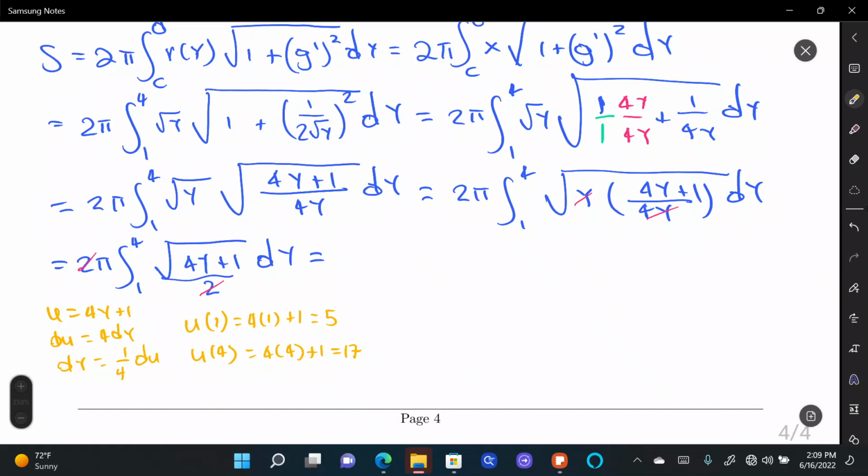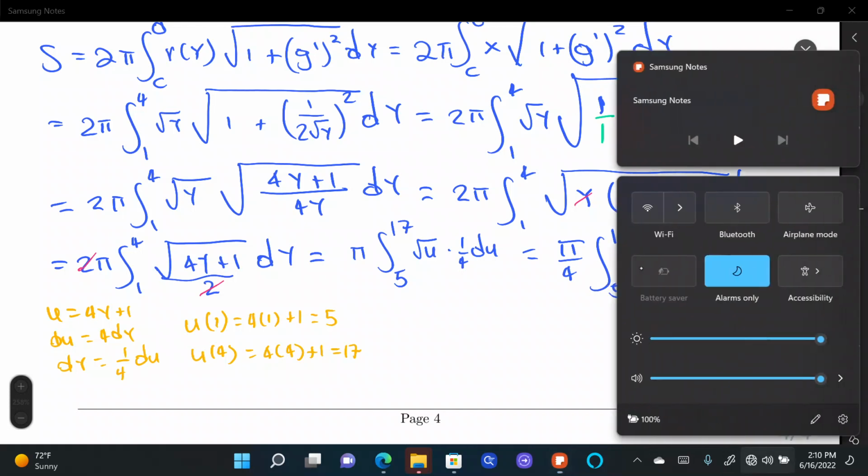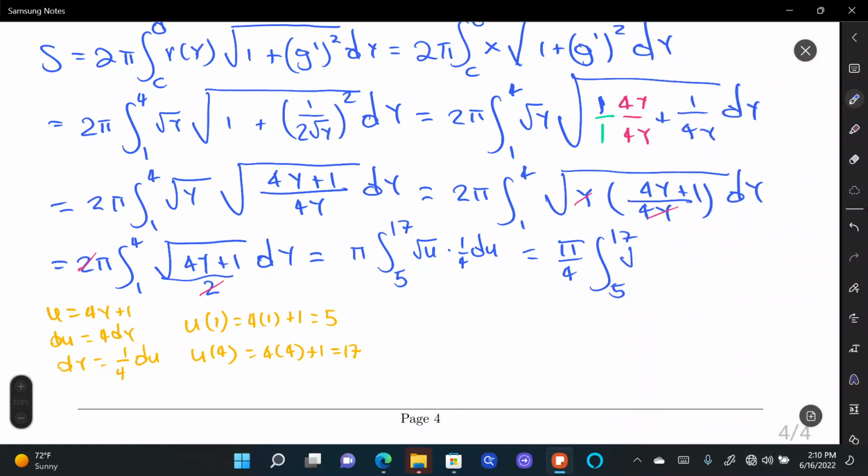So in this case, let's do the U substitution. That's going to be pi integral from 5 to 17 square root of u times 1/4 du, which equals pi over 4 integral from 5 to 17 square root of u du.